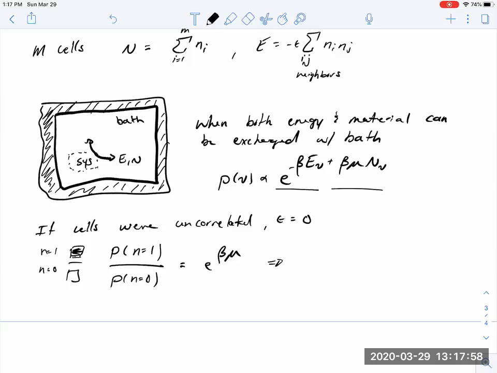That implies immediately, from those binary operations you all have lots of experience with now, that the average number of particles can be written with that ratio of probabilities in a simple way. And it turns out that that goes like e to the beta mu over 1 plus e to the beta mu, which at low density becomes just e to the beta mu.